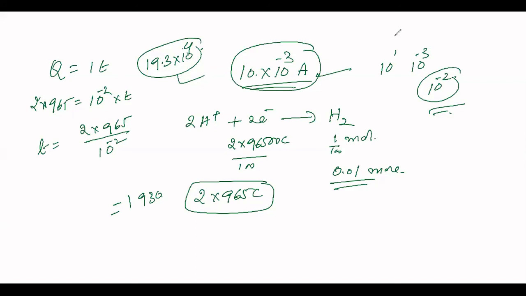Make the second option as 19.3 into 10 raised to 4. It will be correct. So this will be 10 to the power 2 time. When you make it, it becomes 1.93 into 10 raised to 5 or 19.3 into 10 raised to 4 seconds.